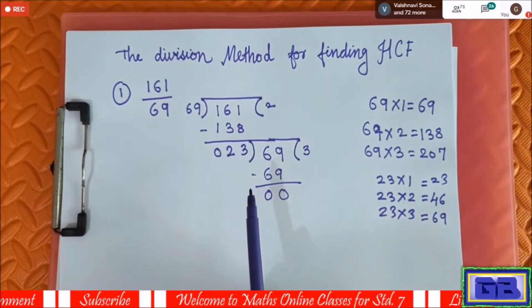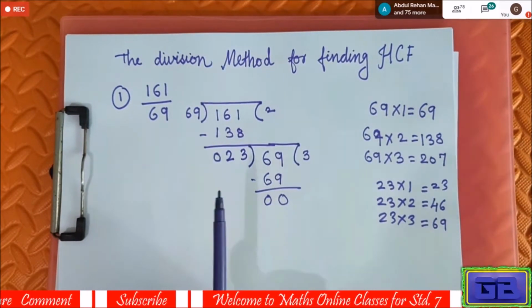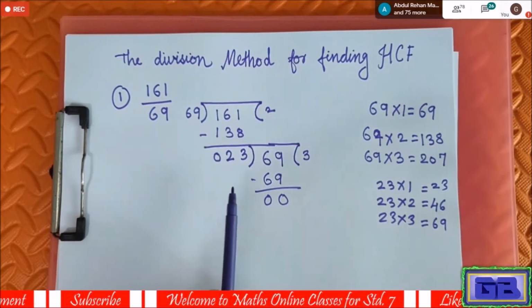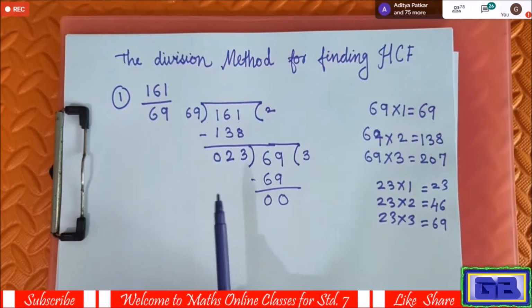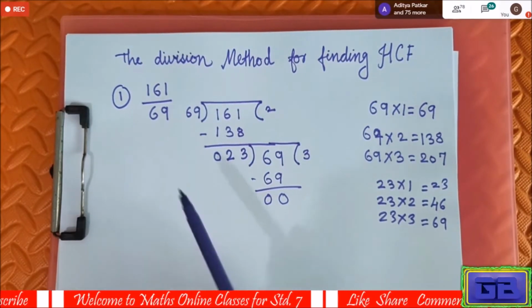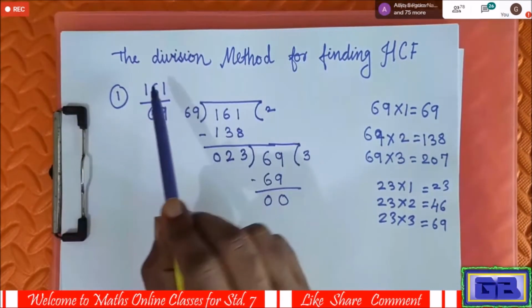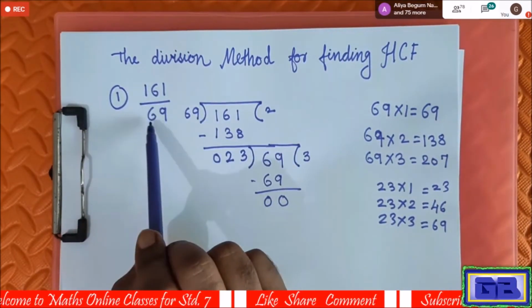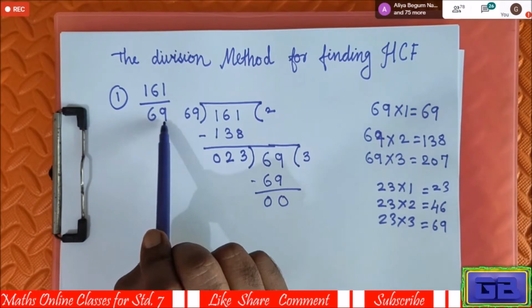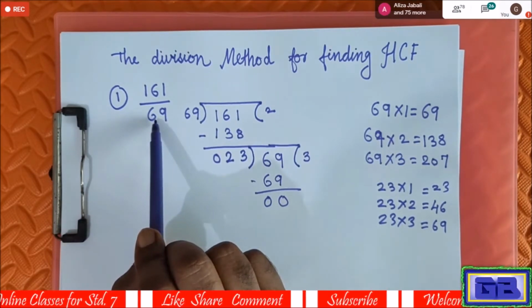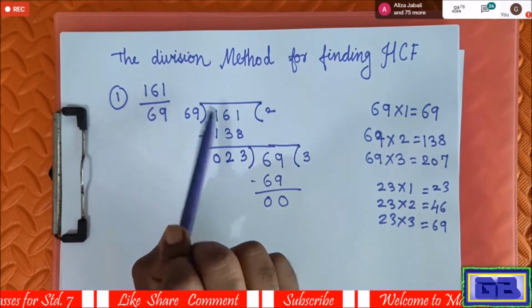Again I am repeating how we have done this division. If the question comes like this, 161 upon 69, denominator is divisor, numerator is dividend.